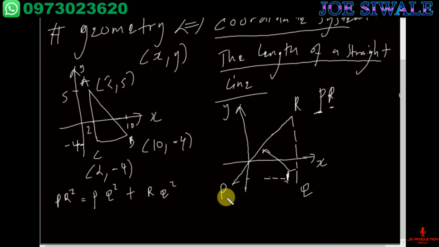So we can say the coordinates of P can be x1, y1, since it is starting at point P, and since it is ending at point R, point R is going to be x2, y2, and Q is going to be x2, y1. Let us go back to the formula.